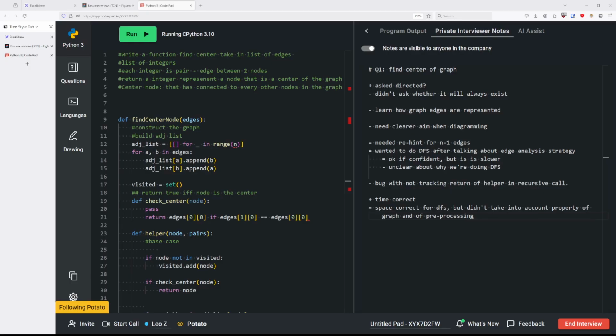I think I could do a little bit better on the implementations for the DFS functions. Yeah, that should be like the template. So I should maybe code faster for the DFS functions. Yeah. So do you have any other feedback for me?